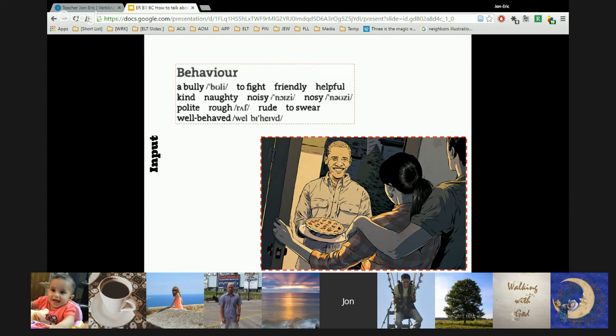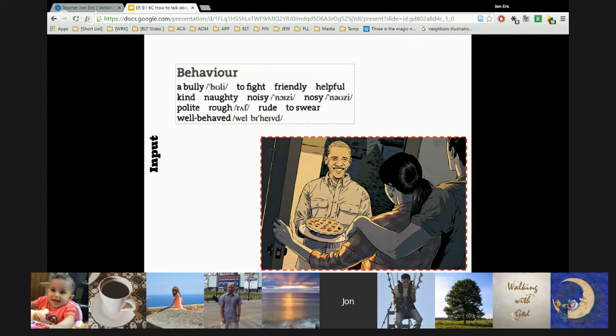Ms. Sine, the next word in the third row? Polite. Very good. And Carmen, the one after that? Rough. Notice that the GH is an F sound. Rough. Back to Ahmed. After rough, we have? Rude.